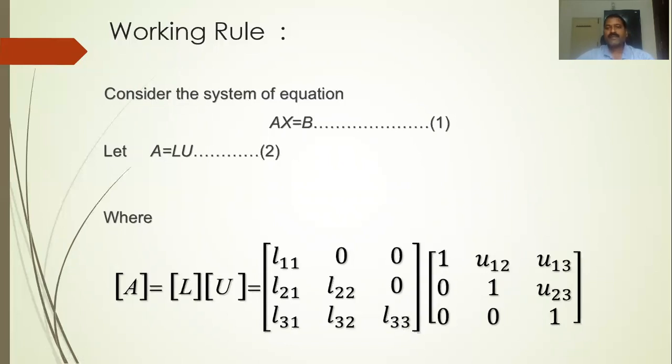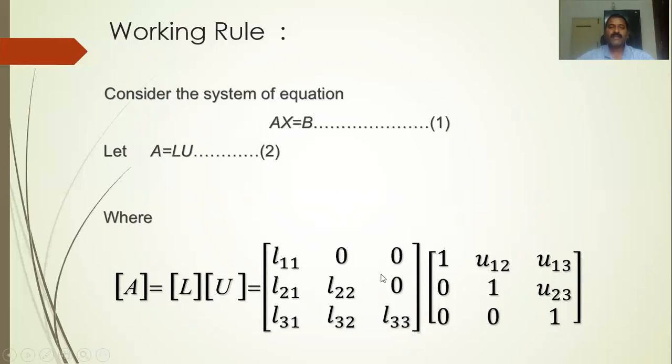Now, let L be the general representation: L11, 0, 0; L21, L22, 0; L31, L32, L33. And for the upper triangular matrix, I'm going to take the diagonal elements as 1. So it becomes 1, U12, U13; 0, 1, U23; 0, 0, 1.